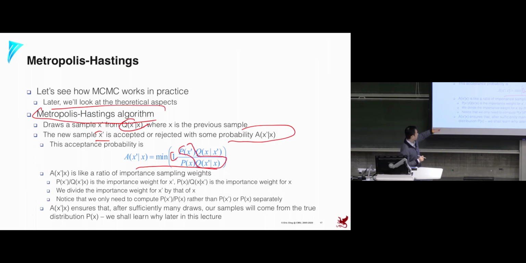This importance, P of x prime divided by Q of x prime given x, is the old kind of definition of importance, using this Q of x prime given x as the proposal. Right? So in a sense, you are moving the importance of moving from x to x prime.